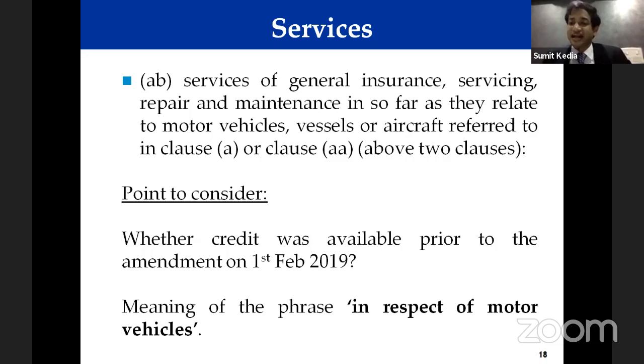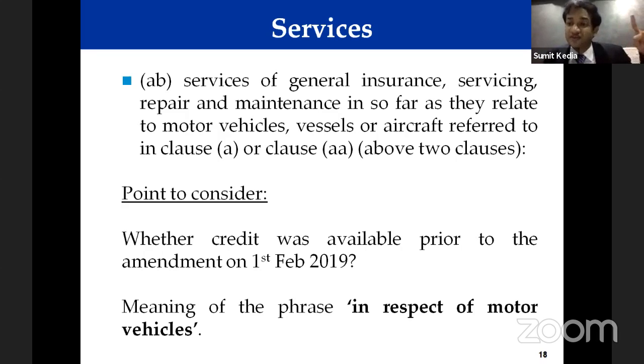So let's say a taxpayer has taken insurance or repair on their car, which has 4 or 5 seats, during April to January 2018-19. Can credit be availed during that period? I said this restriction has come only from 1st February 2019. My view is that prior to 1st February, ITC should be allowed because this restriction was not specifically there.